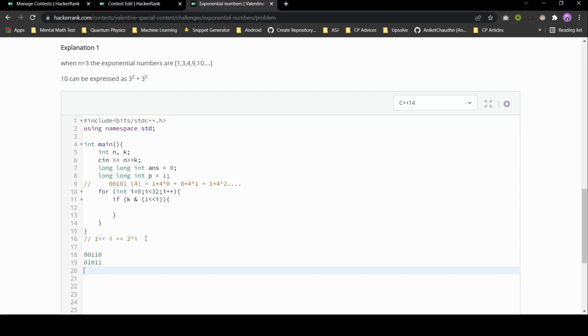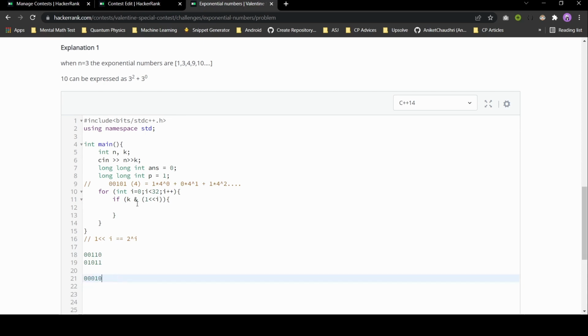Okay, so in bitwise AND, for every corresponding bit of the two numbers, we multiply them. Like, you know the truth table AND, OR, so like that, 0 0 0, 0 1 0, 1 0 0, 1 1 1, 0 1 0. So this is bitwise ANDing.